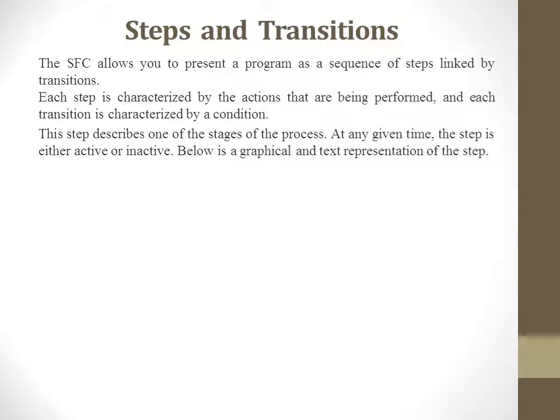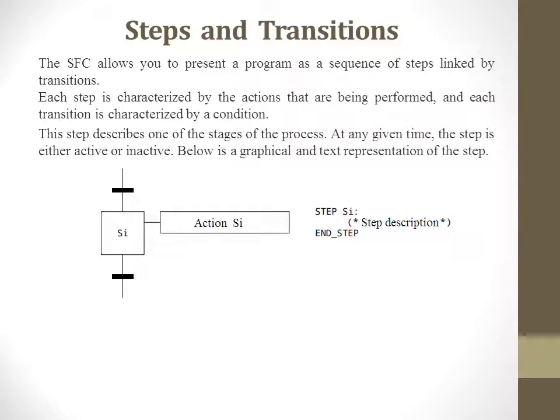Below is a graphical and text representation of the step. In this picture, we can see the step designation in the program, and also the step description in the program. This is the step.